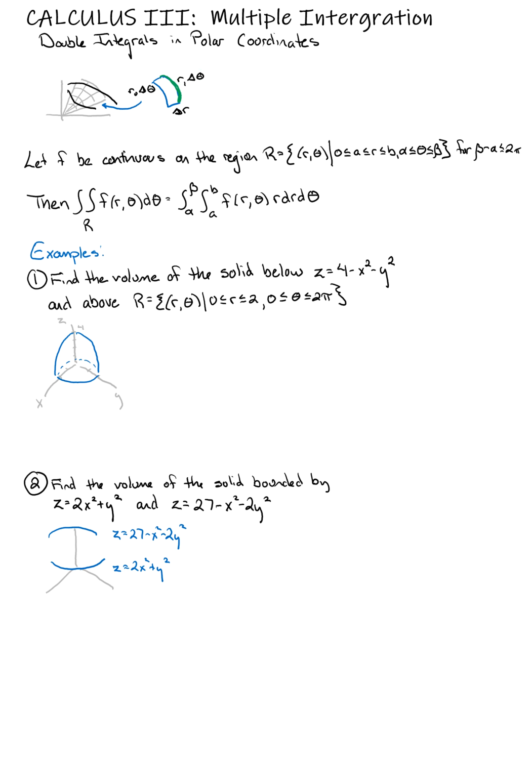So how in the world do we determine dA? I do want to point out first off that dA is not equal to dr d theta. We have to think about how to find the area of this rectangle-like figure.